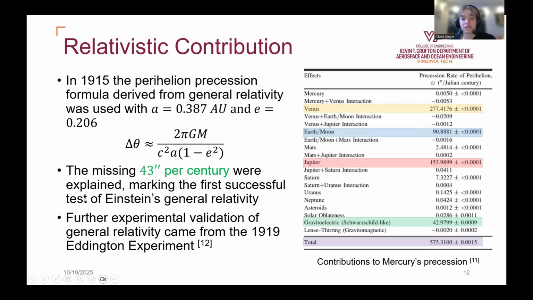So this was, like I said, the first successful test of relativity. And just a small side note is that further experimental validation was needed before everybody was really convinced of this. And that extra validation came 4 years later in 1919, when a famous astronomer named Eddington did his experiment where, during a solar eclipse, they tested how light bent around the moon and got to Earth.